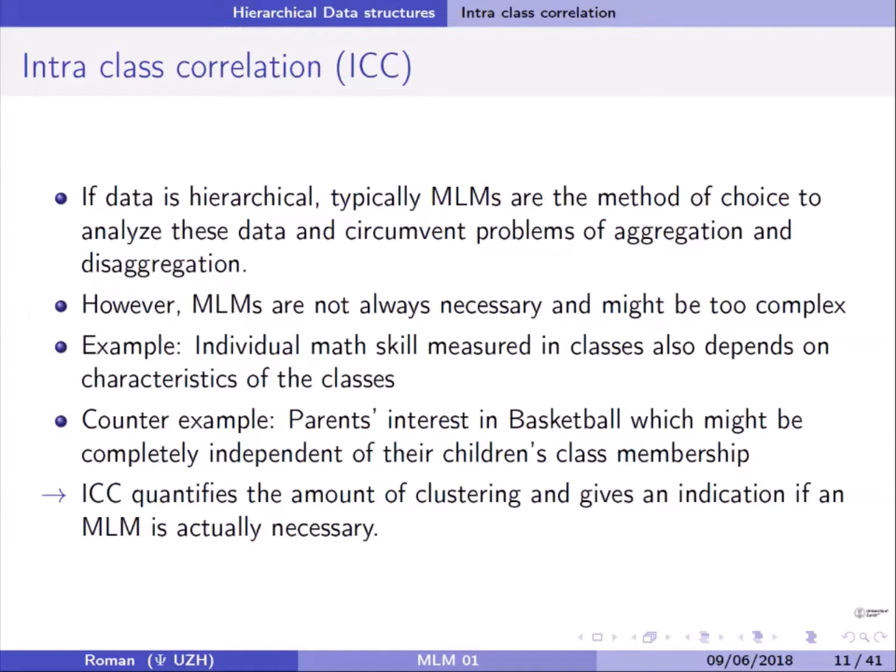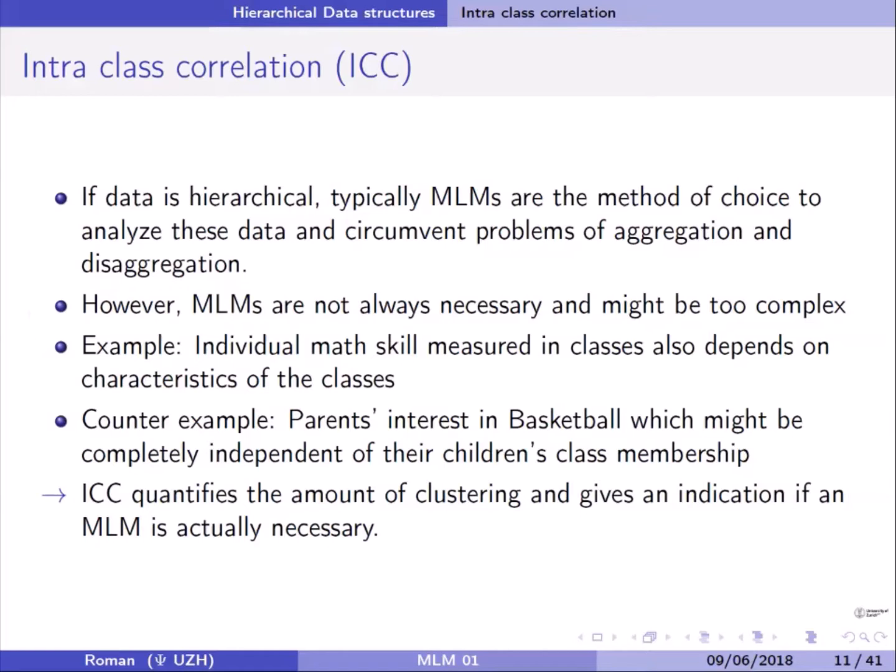However, we're going to talk about parsimony. Multi-level models are not always necessary because they might be too complex. Parsimony, or simplicity, is desired in science, and there's not an exception for this with our statistics. We want to use the most simple model that accurately represents our data. So let's look at an example here.